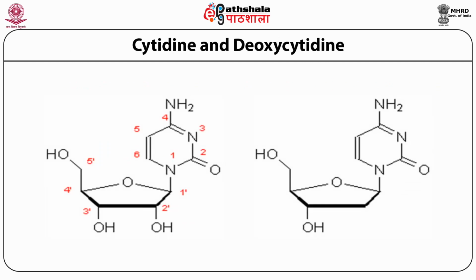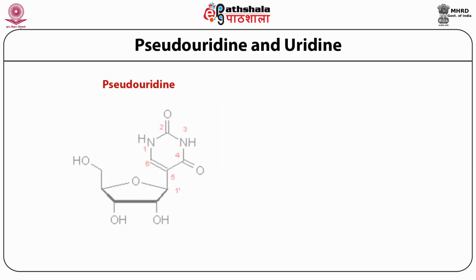What is the difference between cytidine and deoxycytidine? The same. In the case of cytidine, the cytosine is connected to ribose sugar, whereas in deoxycytidine, it is connected to deoxyribose sugar. Pseudouridine and uridine.